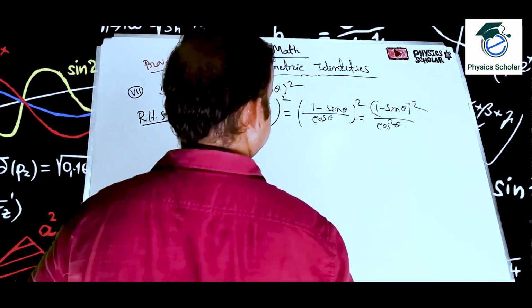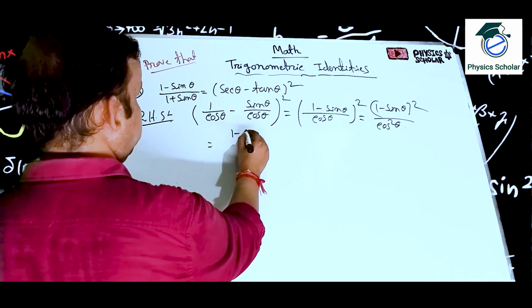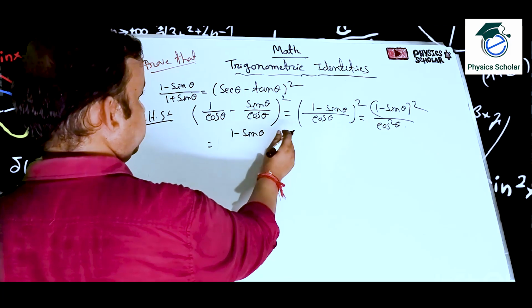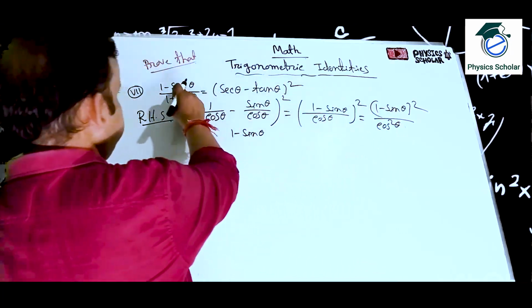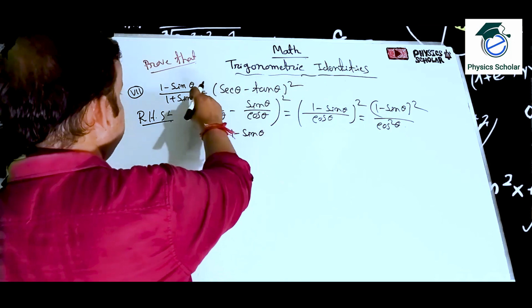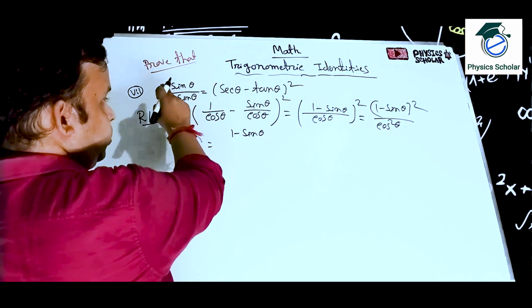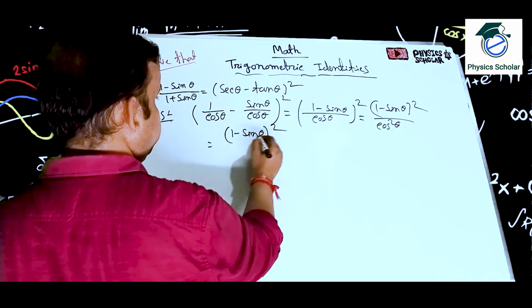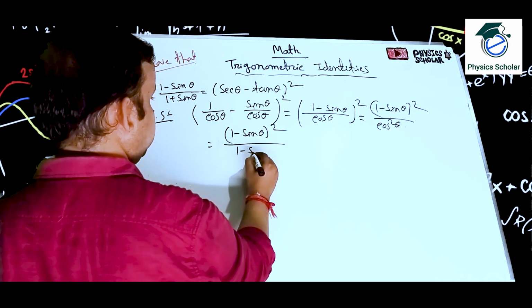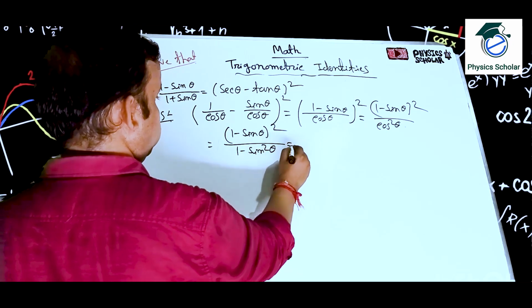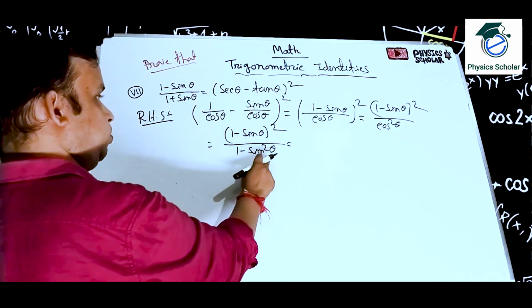Clear? Now what can we write? 1 minus sin theta already comes in the numerator, so we will not change it. And cos square theta we can write as 1 minus sin square theta. 1 square means 1, so a square minus b square formula.